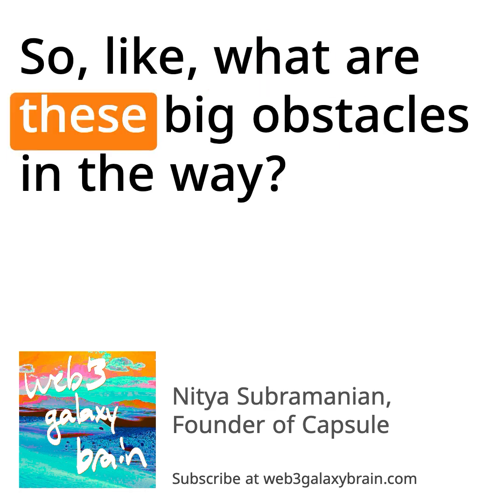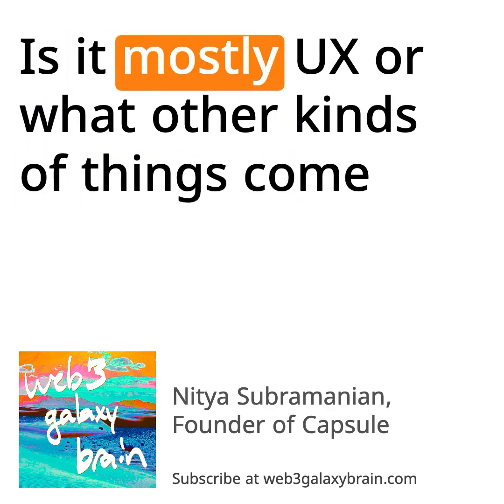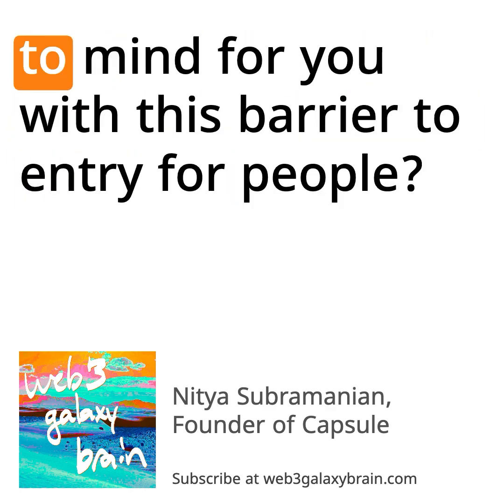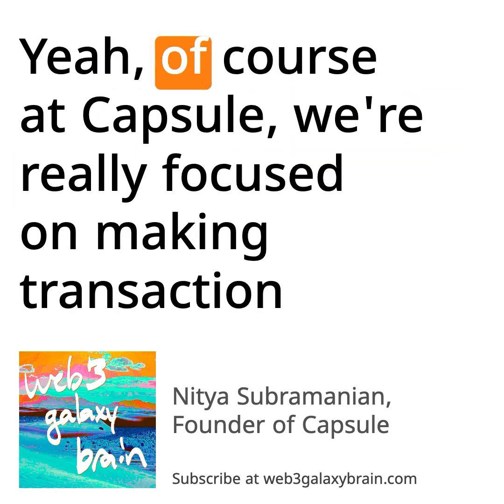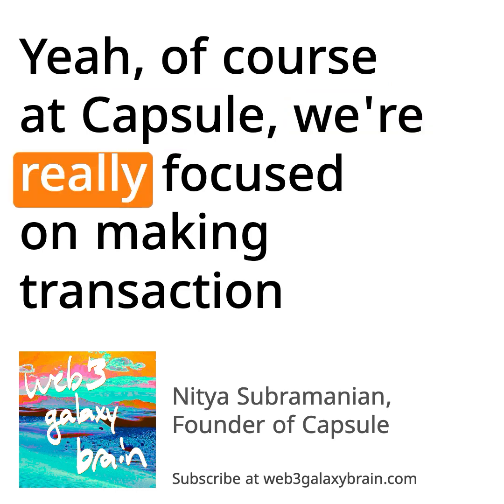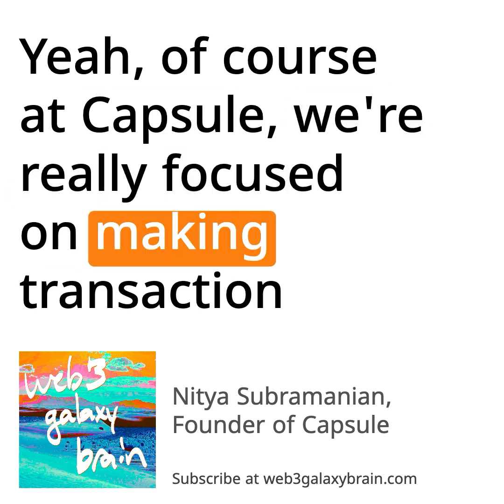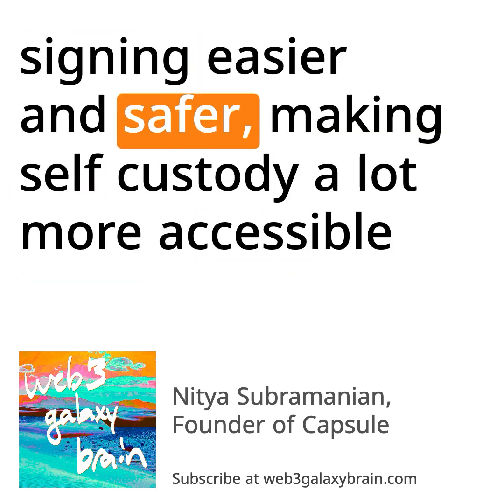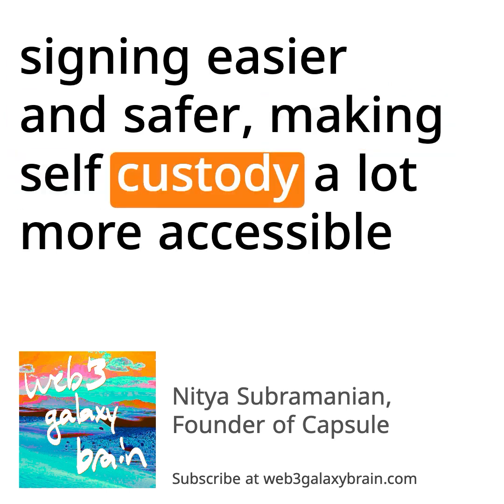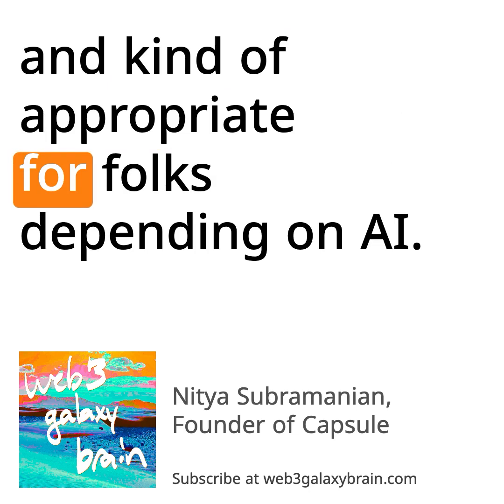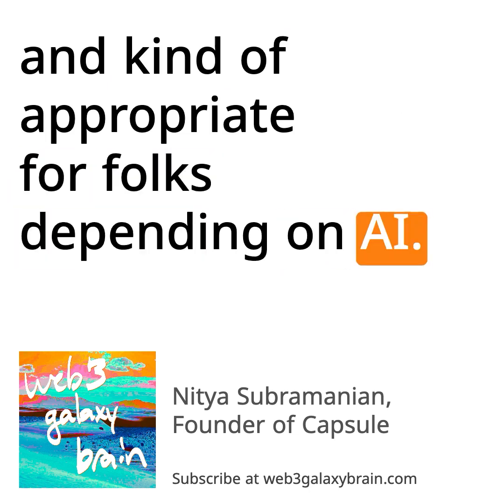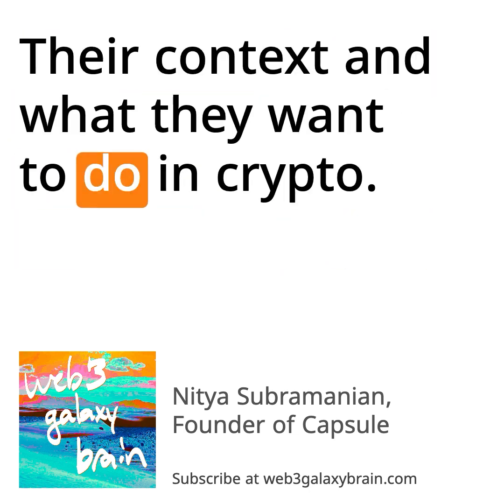So, what are these big obstacles in the way? Is it mostly UX, or what other kinds of things come to mind for you with this barrier to entry for people? Yeah, of course, at Capsule, we're really focused on making transaction signing easier and safer, making self custody a lot more accessible and appropriate for folks depending on their context and what they want to do in crypto.